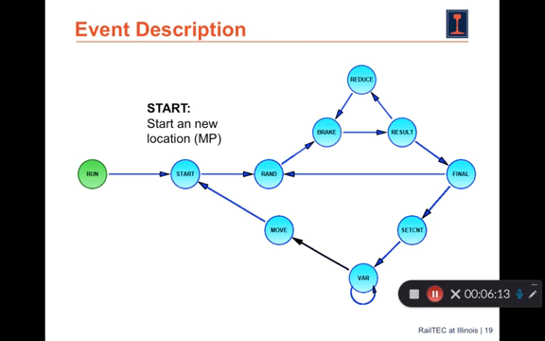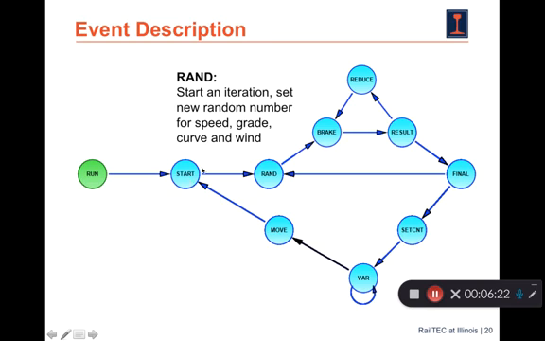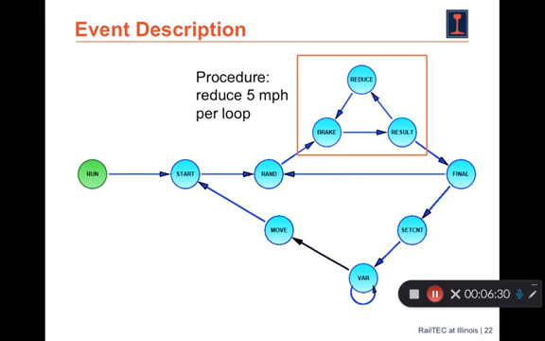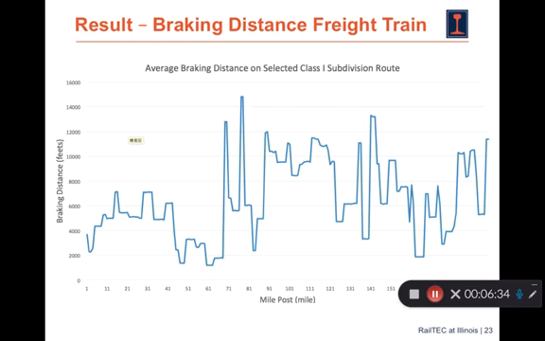Start means I start at a certain milepost, ranging from 1 to 200. And rand means I set a random number for the error terms of speed and wind speed. I run the procedure until it stops.